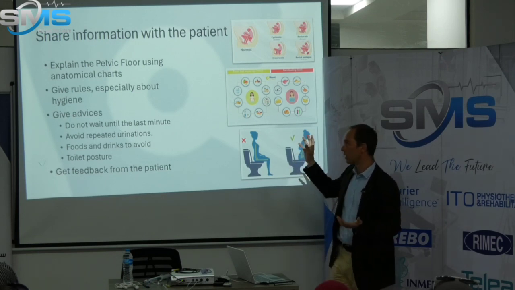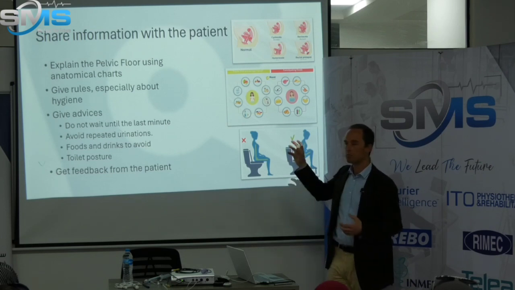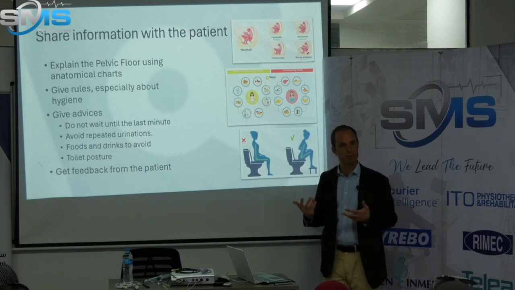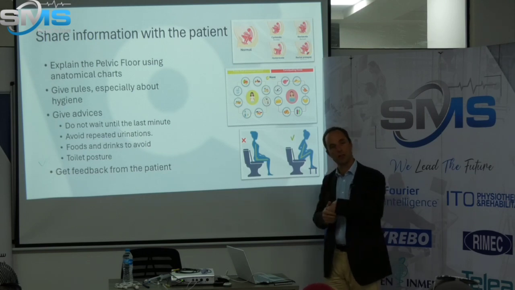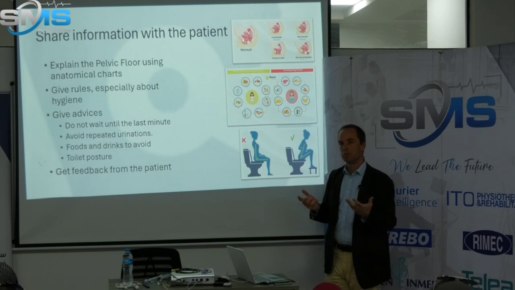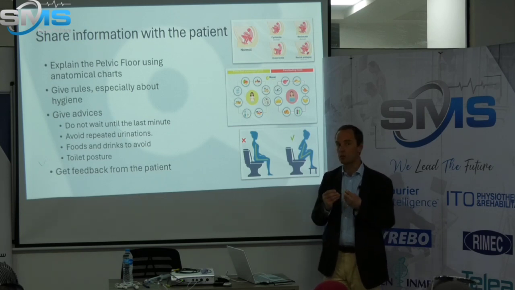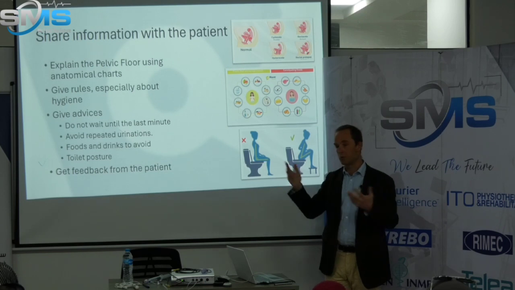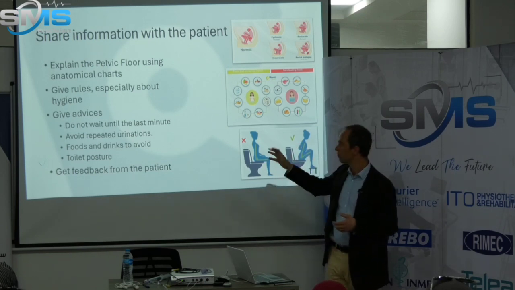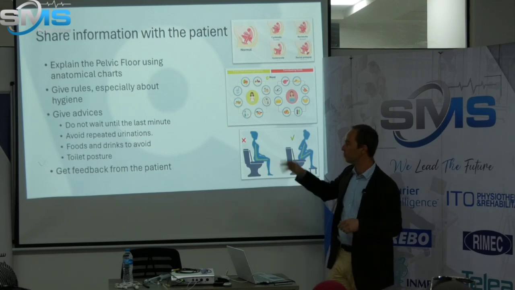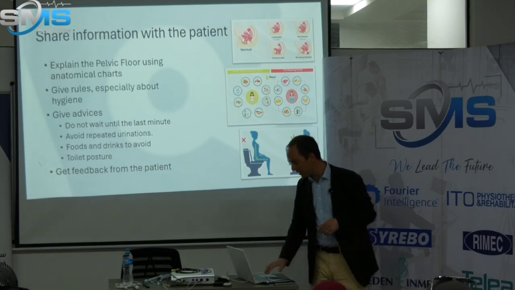And also give a lot of advice on day-to-day life, especially when it's the first time your patient comes to your place, she doesn't know what's good, what's not good, because it's not a subject that we talk about with friends or whatever. So you're the person who can give good advice. So do not hesitate to give as much as possible.